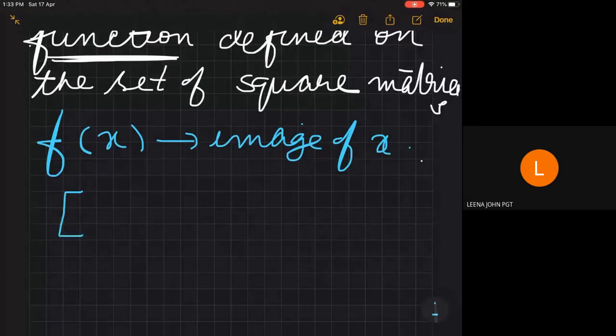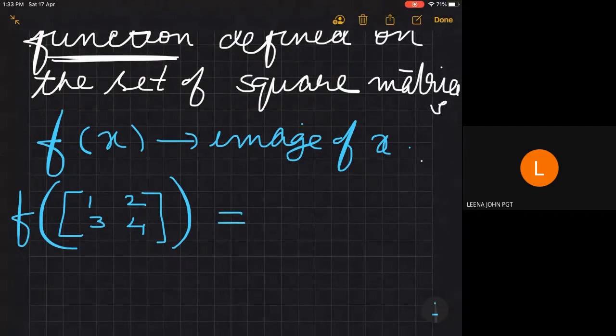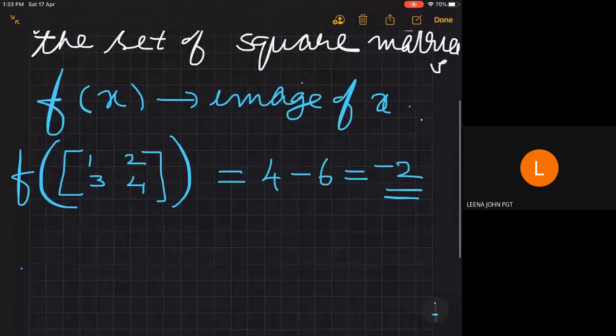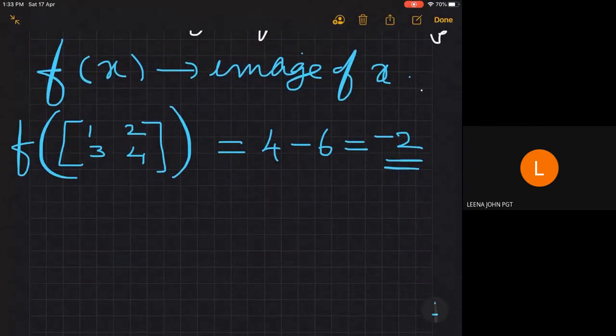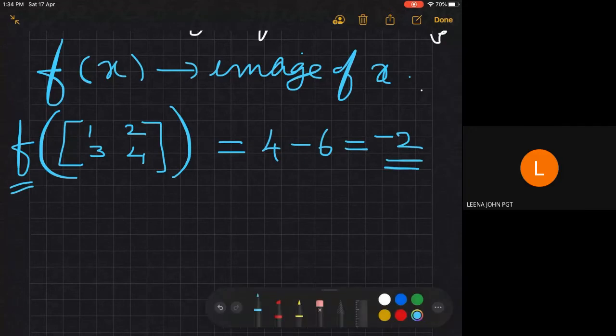For example, if you consider the square matrix 1, 2, 3, 4, this is defined as 4 minus 6, or we are getting the image of the square matrix as minus 2. So even though it is a function, we use another notation for this special case of matrices.